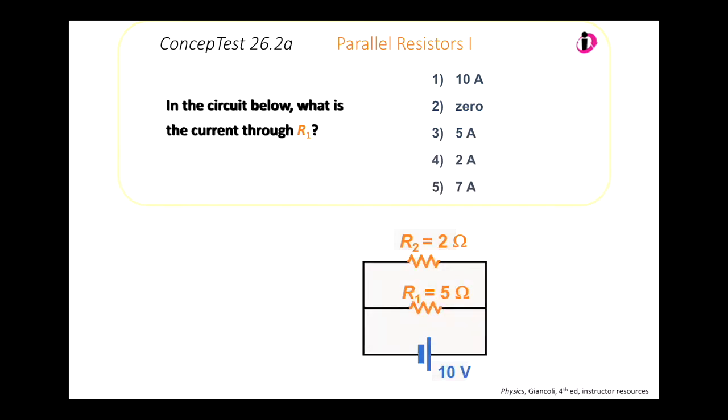The potential difference across both of these, V1 and V2, is also 10 volts, right? So for resistor 1, I can say V1 over R1 equals I1. That's just 10 over 5, which gives me 2 amps. 2 amps for the current through resistor 1. So our answer there is 4. Everybody okay with that, maybe?